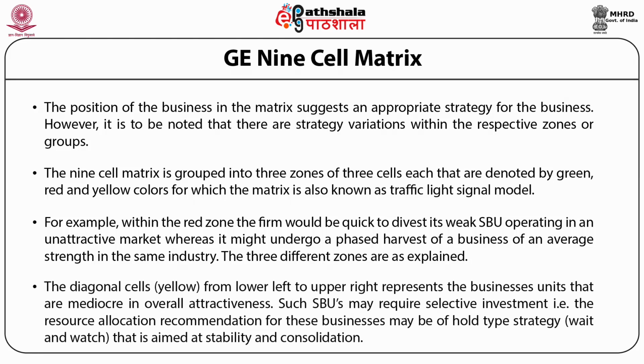The diagonal cells, that is yellow, from lower left to the upper right represent the business units that are mediocre in overall attractiveness. Such SBUs may require selective investment, that is, the resource allocation recommendation for these businesses may be of hold type strategy, that is, wait and watch, which is aimed at stability and consolidation.